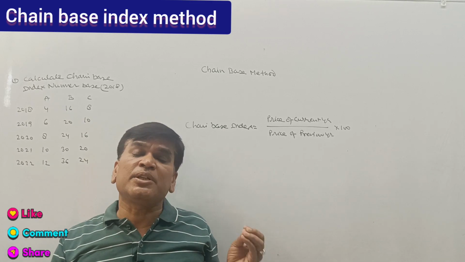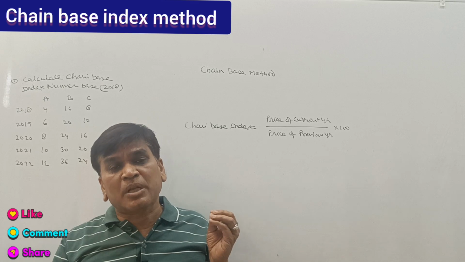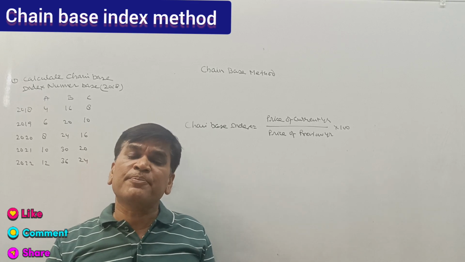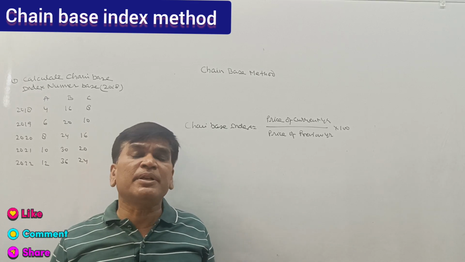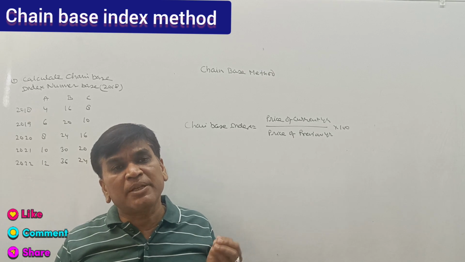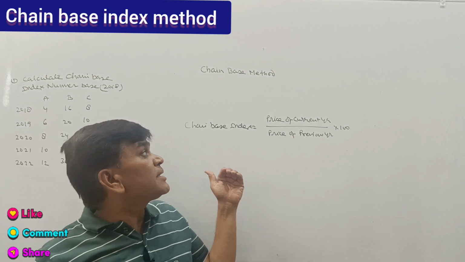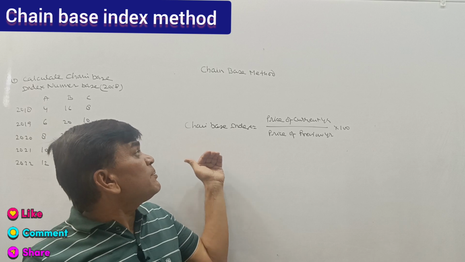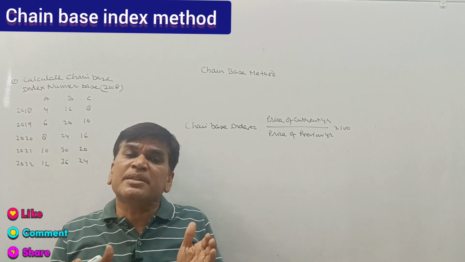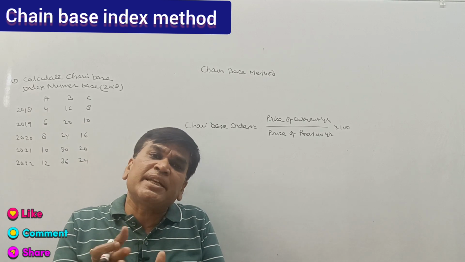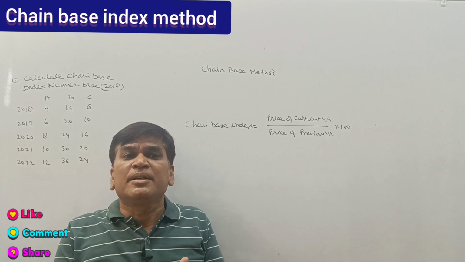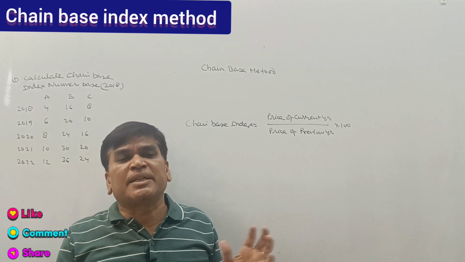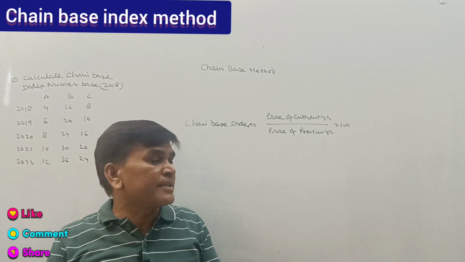For 2022, the price of 2021 will be the base year. For 2021, the price of 2020 will be the base year. So this is called chain based index number. It means each index number is related to the previous year's price.